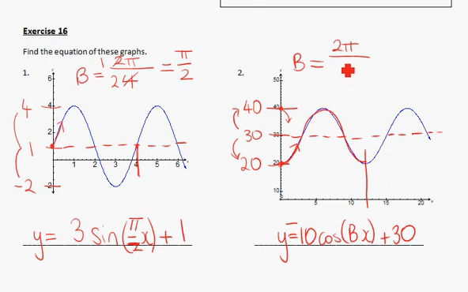We'll assume that it's completed one cycle in 12. It just makes the maths a bit easier. And simplifying this is the same as pi over 6. 2's into that go once, 2's into that go 6. So now I have a value for b. We'll erase that and we'll put in pi over 6. Now perhaps you might need to watch the video again. Just make some markings on your own page and try those questions.